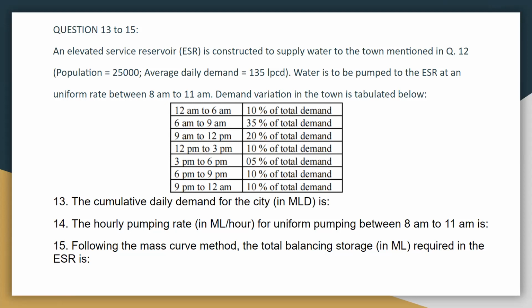That is from 8 to 11, it is 9, 10, 11, 3 hours. If you convert this value into an hourly value, we will get the answer for the 14th question.